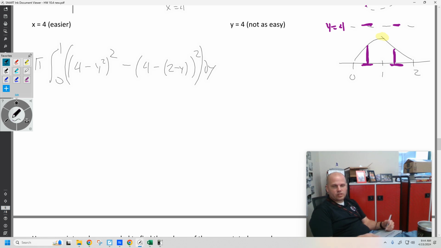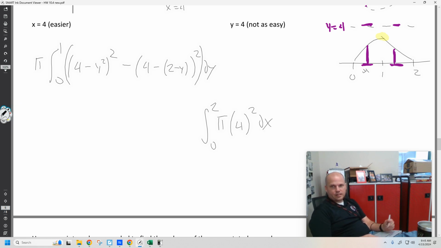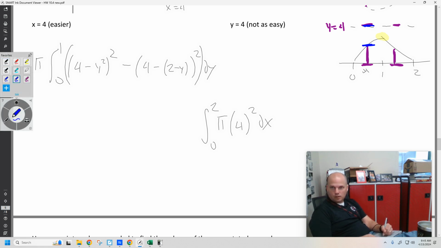Why don't we do this like the following? Let's go from 0 to 2 of pi, outer radius squared. That covers everything. Skinny x distance. What are my inner radiuses? Well, my inner radiuses change.